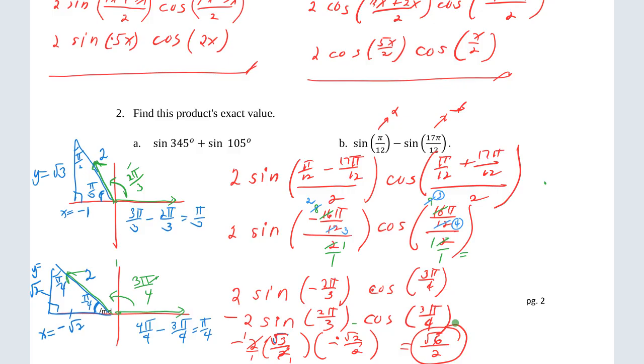Other than that, congratulations for completing section 5.4. Today we have learned how to convert products into sums and differences, how to convert sums and differences into products, and how these identities can help us evaluate exact trigonometric values. One of the major themes throughout chapter 5 is that a trigonometric expression can often be rewritten in multiple equivalent ways.